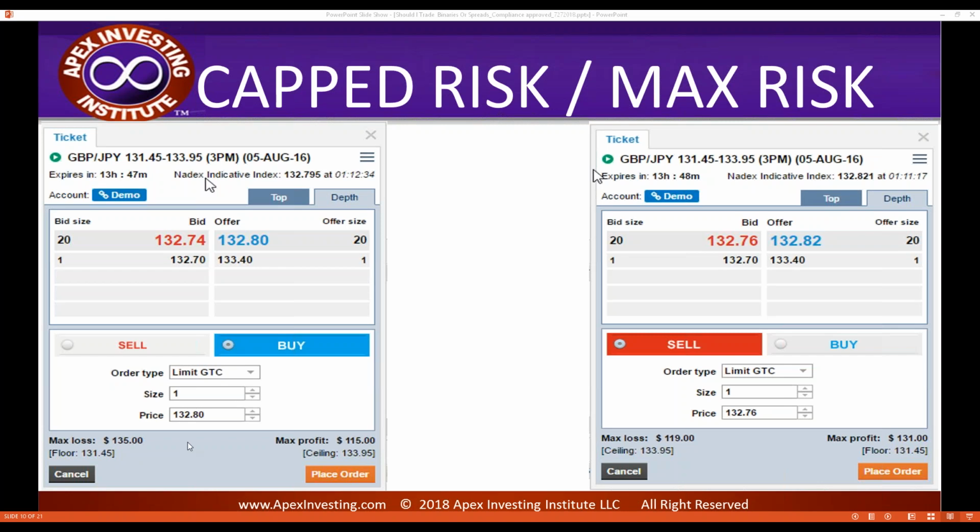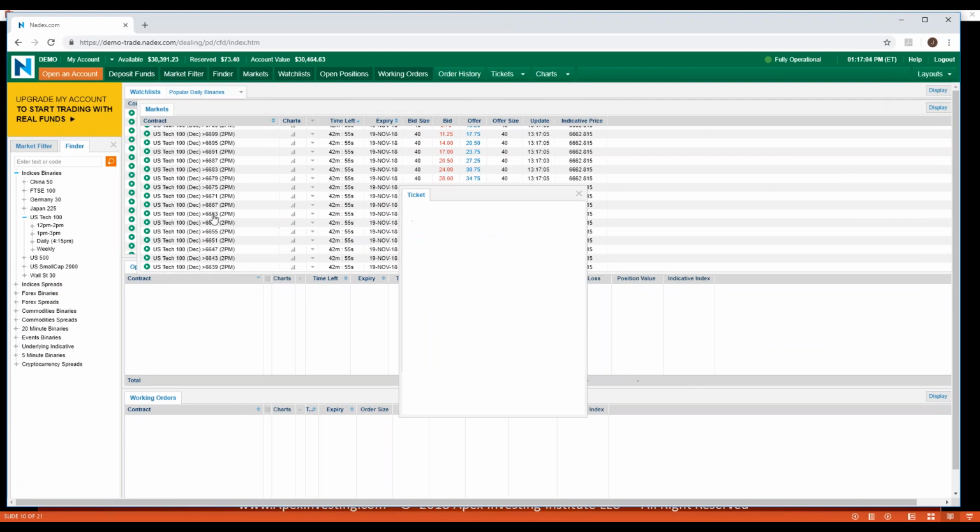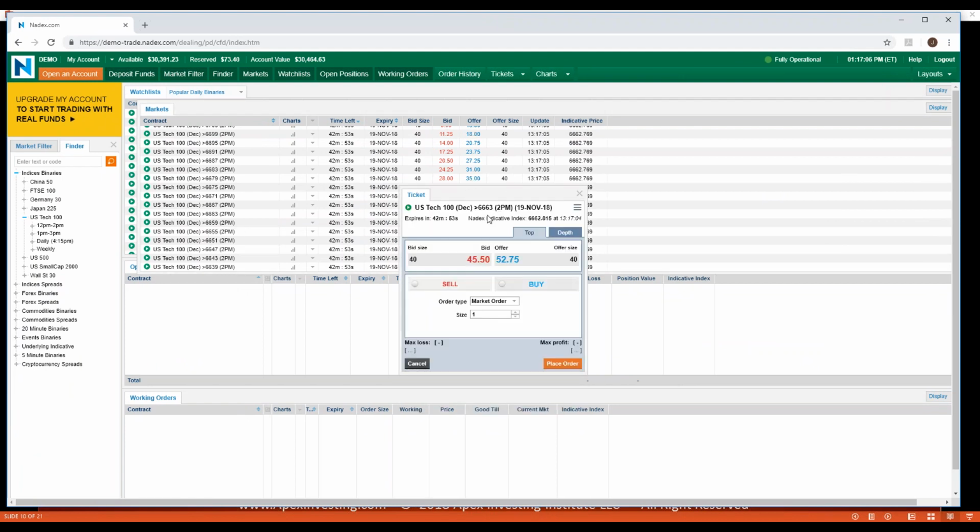Okay, quick question here, to see who is paying attention or fully understands. If I trade this binary and the market expires at 66.62, meaning it goes 1 tick against me, I have a full loss, correct? Everybody agree with that?